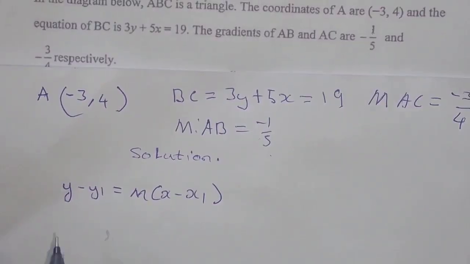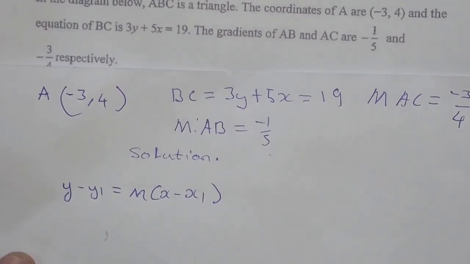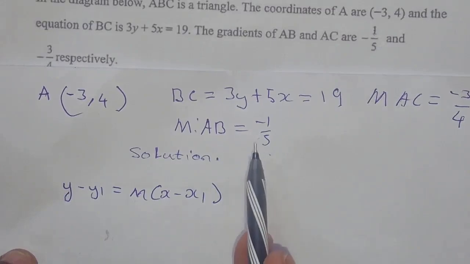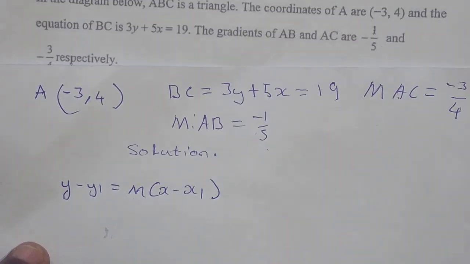This is the formula we use to find the equation of a straight line. We have the gradient of AB, which is negative 1 over 5, so we replace m with negative 1 over 5.